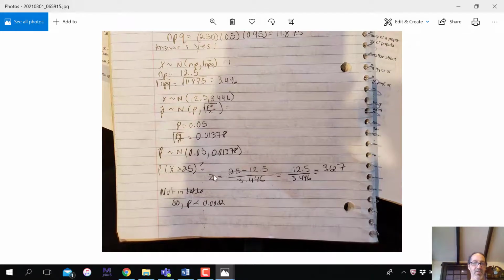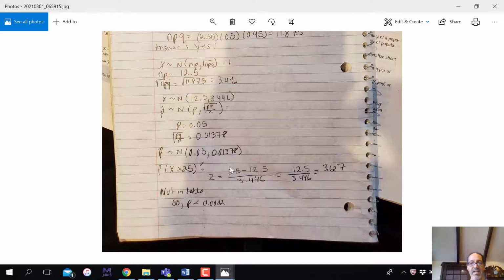All right, the question is: X greater than or equal to 25? Since we want to convert this into a normal, and we have the ability to do so, if you recall from the last chapter, we can use the Z calculation, where Z is the value minus the population mean divided by the population standard deviation.